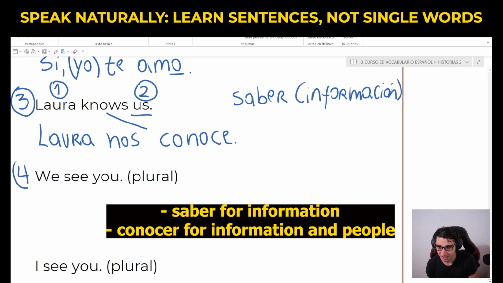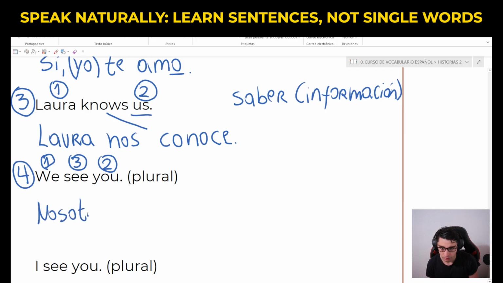Oración número 4. ¿Cómo lo dices? Recuerda, our technique is we, and then you all plural, so be careful. Nosotros, let's assume it's masculine, a group of men, or maybe men and women. So nosotros los, okay, nosotros los vemos. Remember to conjugate using nosotros.